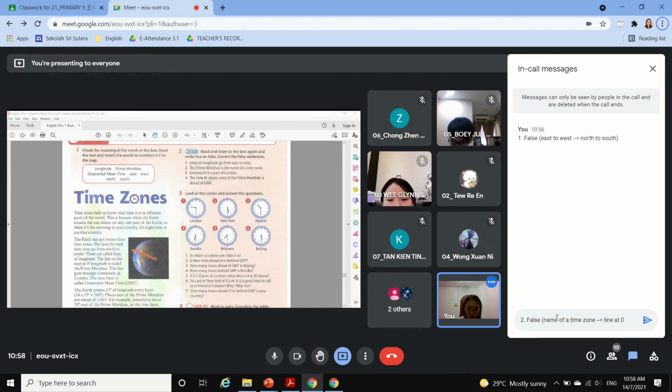You have to add a small zero up here. That one is degree, because my computer cannot type it, so you write it on your own.